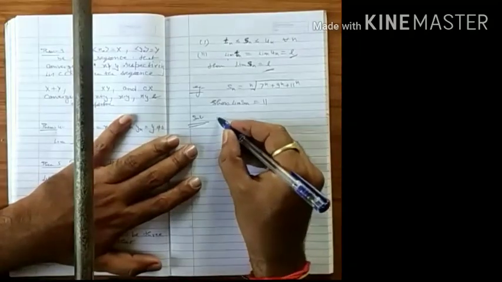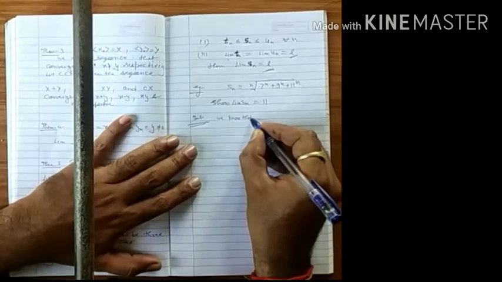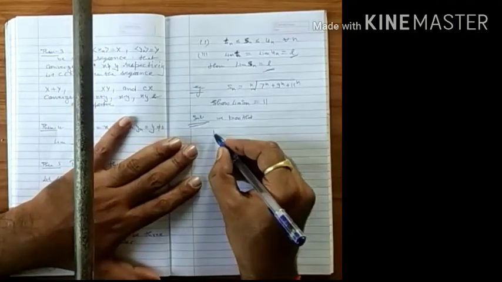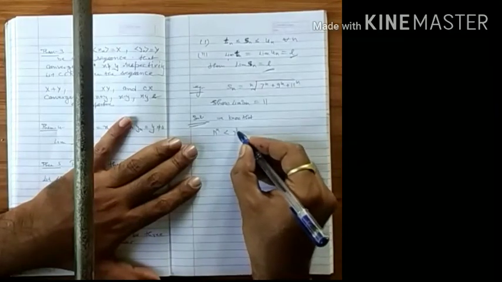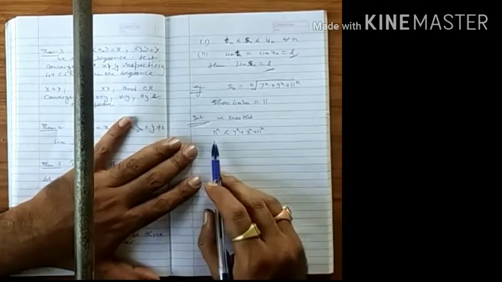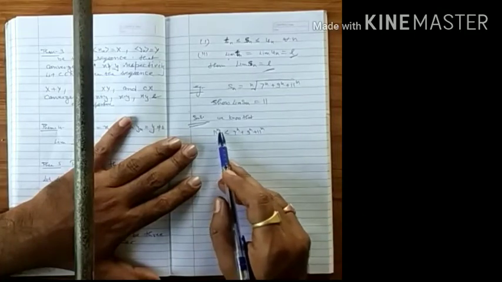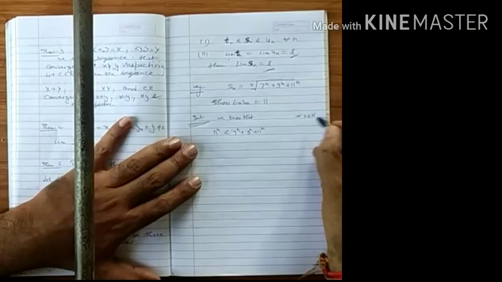We know that 11 to the power n is less than 7 to the power n plus 9 to the power n plus 11 to the power n, because there are three terms and the addition is greater than 11 to the power n, for all n belonging to the natural numbers.